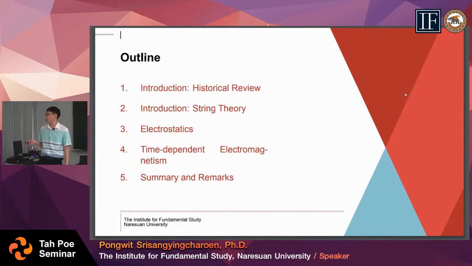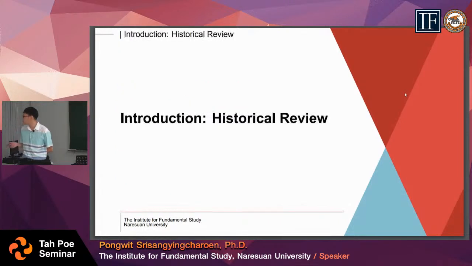Then I move forward into the topic, starting with the easiest example, which is electrostatics, and then move to a more interesting scenario with time-dependent electromagnetism, and then summarize and give some remarks.